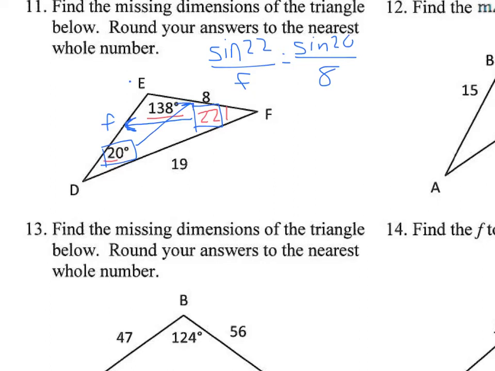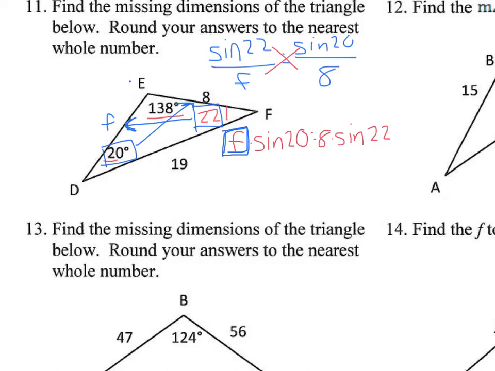Now that I have two fractions equaling each other, you can cross multiply. So I'm going to get f times the sine of 20 is going to equal 8 times the sine of 22. Now I'm trying to get the variable by itself, so I'm just trying to get this f right here by itself. The thing that's in its way is the sine of 20.